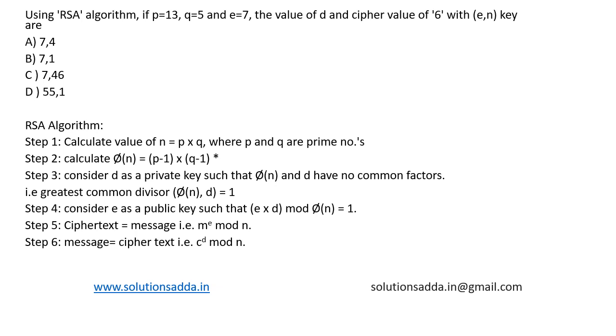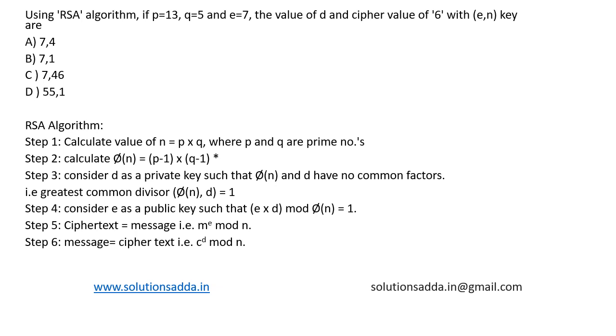Now we consider the private key, that is D, such that GCD of phi of n comma D is equal to 1. Now we consider the public key E such that E into D mod phi of n is equal to 1.